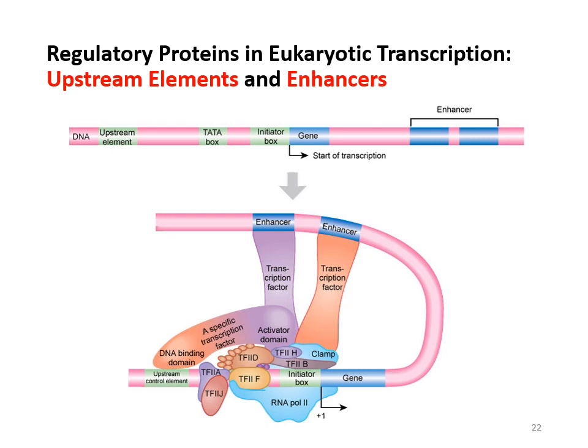Now, I want to make a quick point that all of the regulation that we've seen so far is what we call upstream, meaning the regulation was occurring in front of the gene. Okay? I want you to be aware that in eukaryotes, there are also regulators after the gene. So this is our gene here.